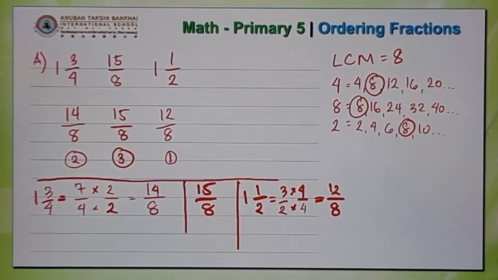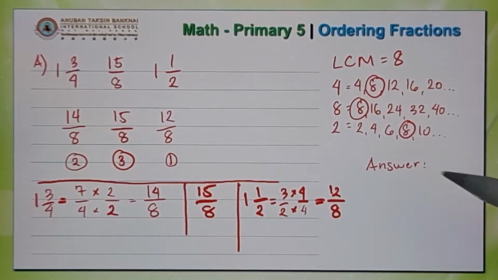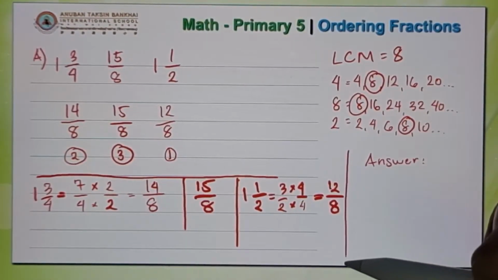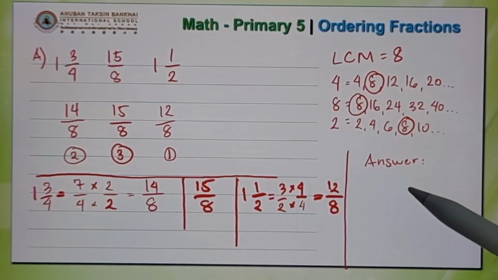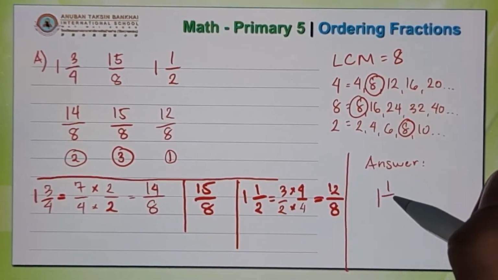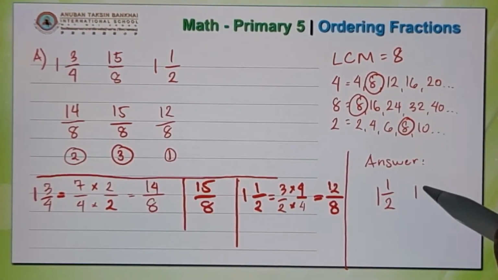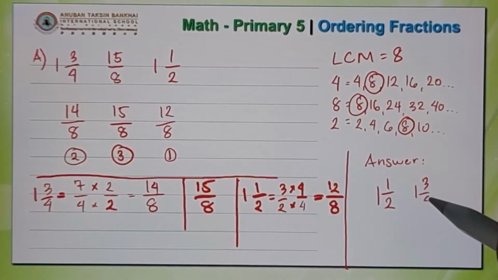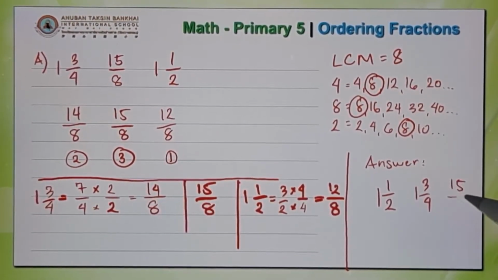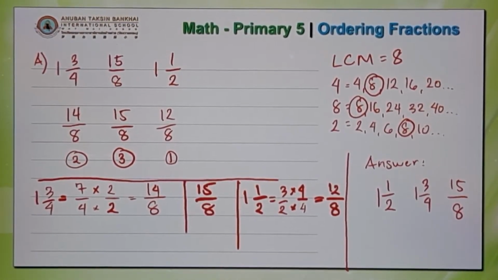Okay. So if we're going to write our answer, we have the first one, we have 1 and 1 over 2. The second, we have 1 and 3 over 4. And the last one, we have 15 over 8. So this is now our answer.